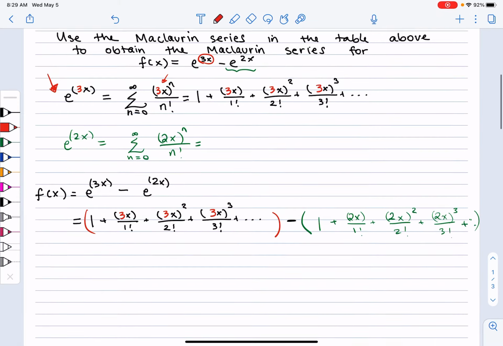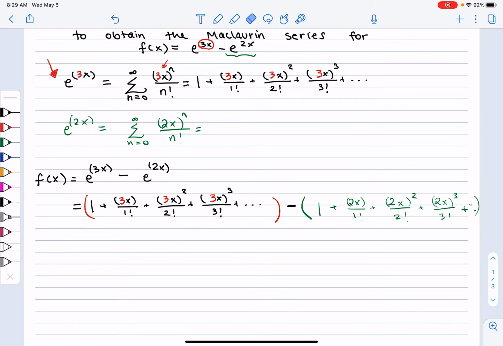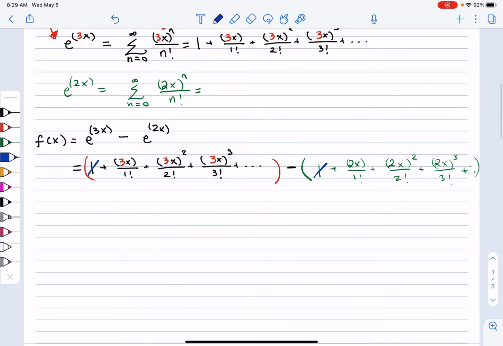What we want to do now is simplify whatever it is that we need to simplify. So in this case, you can see right away that 1 minus 1 becomes 0. And then I'm going to write it down as 3x over 1 factorial minus 2x over 1 factorial. Let me put that in parentheses.